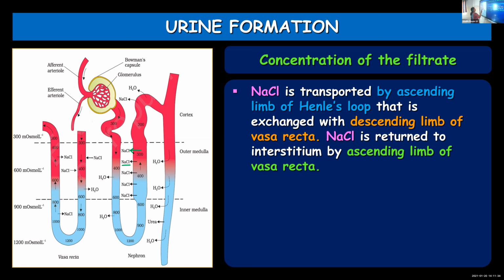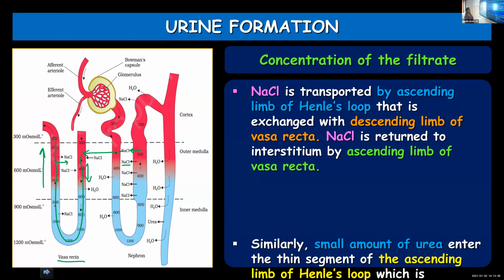This released sodium chloride will be taken up by the descending limb of vasa recta. And this sodium chloride taken up by the descending limb will be released into the medullary interstitium by the ascending limb. So thereby the medullary interstitium will have a high osmolarity or solute concentration.